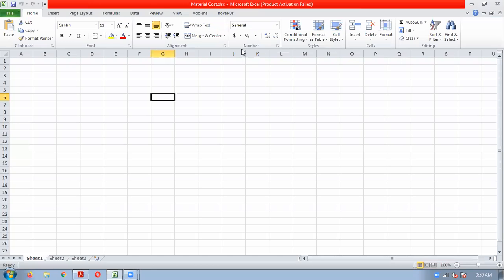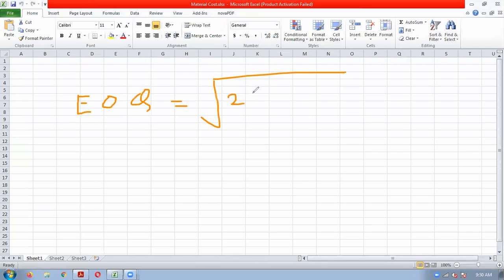So you can simply write the formula like this: EOQ is equal to square root of 2 into annual requirement into ordering cost O divided by C, that is the carrying cost.